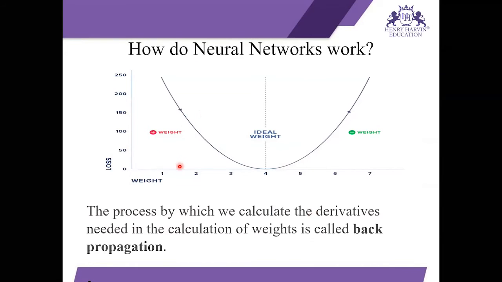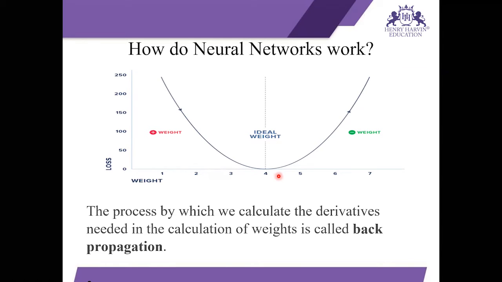Now let us look into this diagram. Here the weight is taken on the x-axis and the loss on the y-axis. We started with weight equal to 2 and the loss was actually 120. When the weight was increased, we could figure out that the loss was getting reduced.